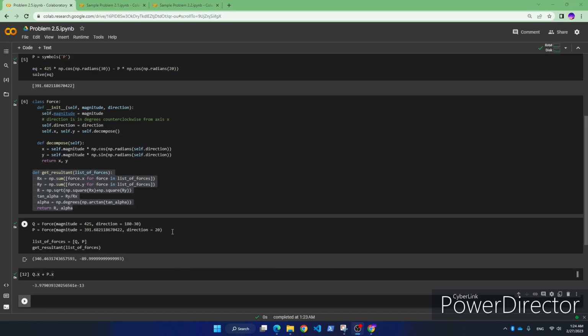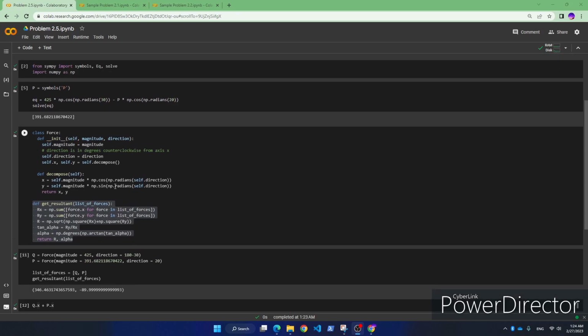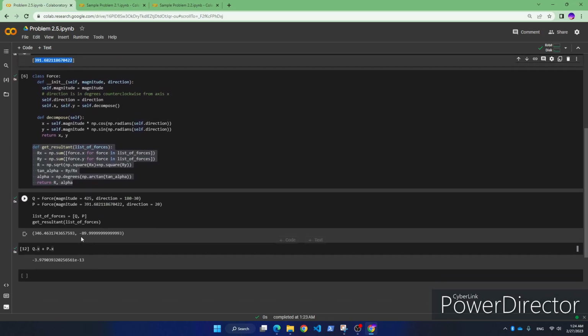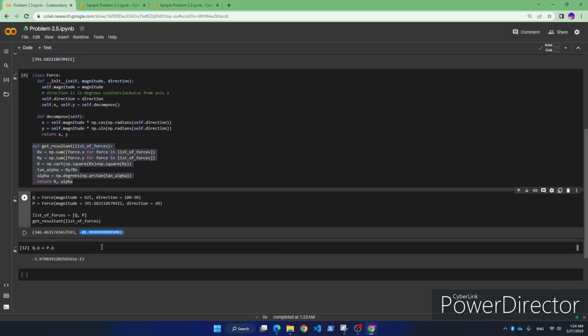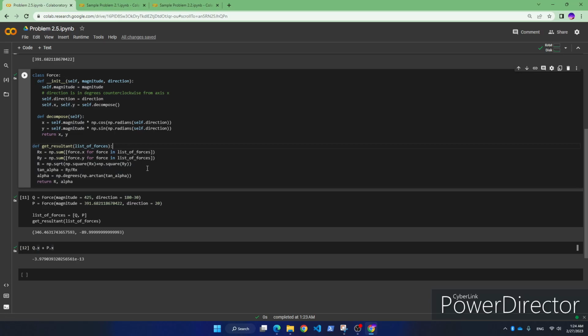Actually, I would like to point out something else. If instead of just substituting the value up to the third digit after the decimal, we substitute the whole value, look, we will get closer and closer to the 90. And the summation of Qx and Px will get closer and closer to 0, but it still will be just a little bit off the 0. So actually, let's make this adjustment right now so that our algorithm can perform better.